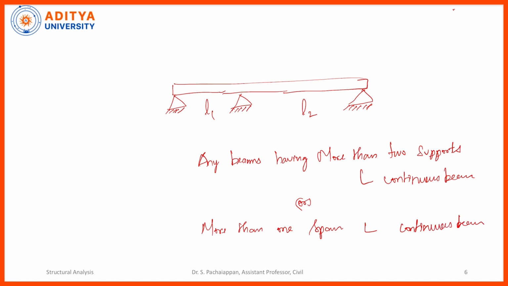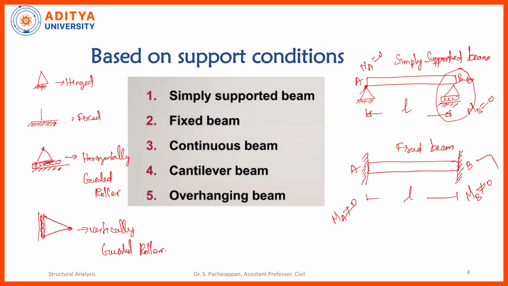When the supports are more than 2, it is a continuous beam. When the spans are more than 1, it is a continuous beam. So this is a continuous beam. Where is the application of the continuous beam? Continuous beams you can see in bridges. There will be simply supported beams which are continuous in nature, and on top of that we are going to have the girder.